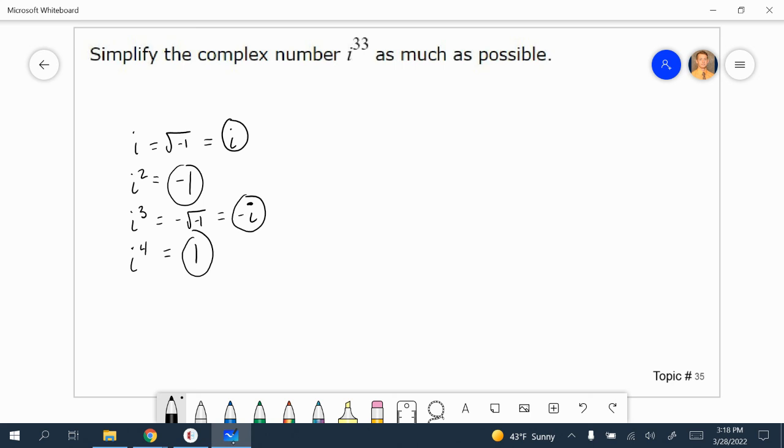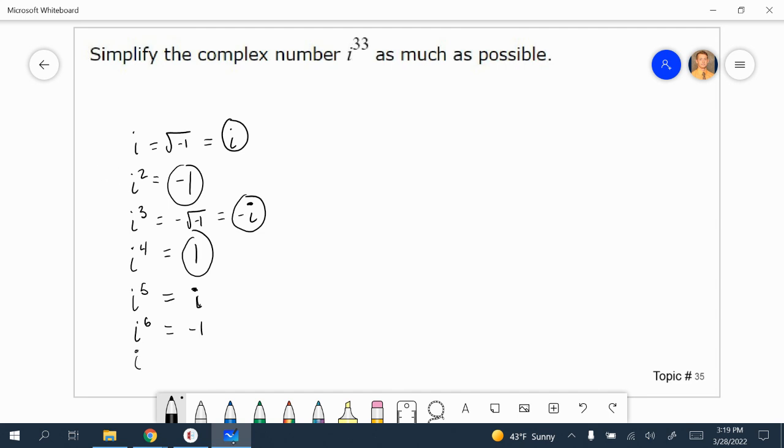Because if we go back to i to the fifth, i to the fifth is really i to the fourth and i, which is 1 times i, which is just i. If we do i to the sixth power, we get negative 1 again because it's really i to the fourth and i to the second to make i to the sixth. So we're back to negative 1 now.